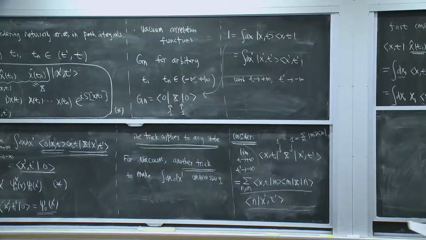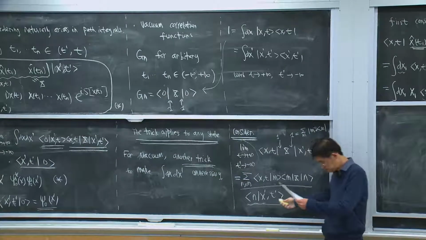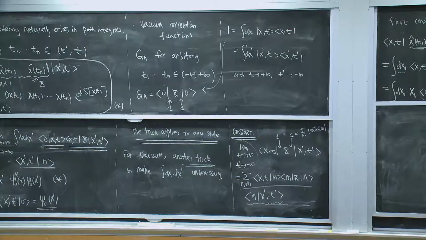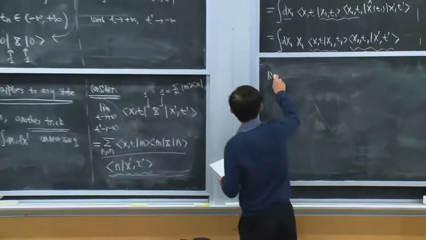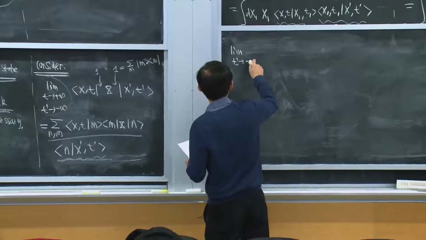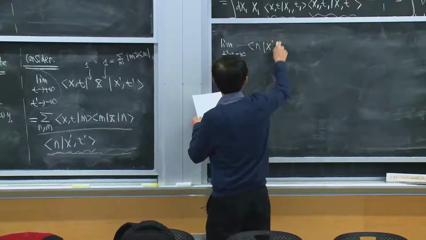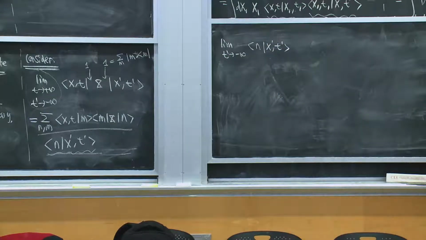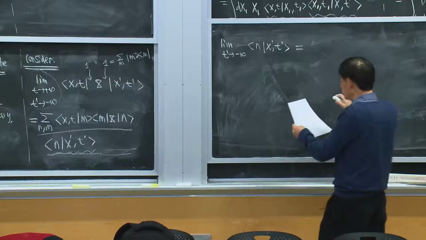To explain the trick, let's first look at this object: the limit t prime goes to minus infinity of ⟨n|x',t'⟩ for some energy eigenstate n. This is written in the Heisenberg picture, so we need to translate to the more familiar Schrodinger picture.